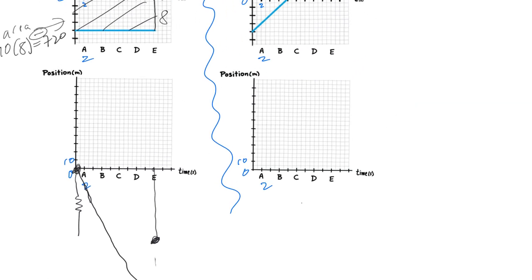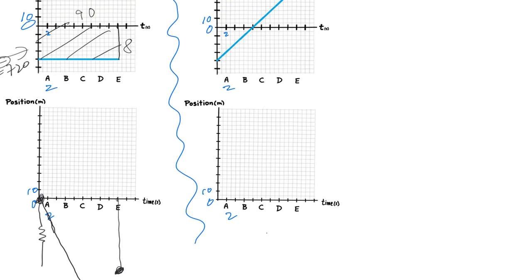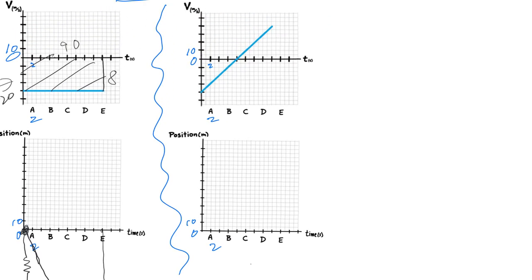Again, you're not going to have to do this. This is just making you think if you want to. This one, this displacement, this acceleration, this displacement is 1, 2, 3, 4. 4 times 2 is 8. 1, 2, 3, 4.